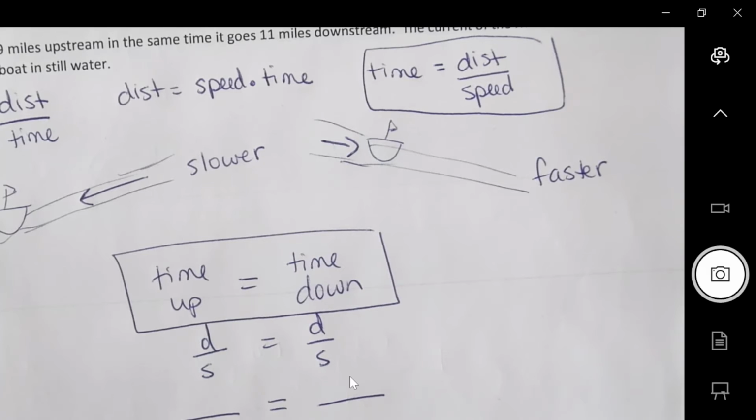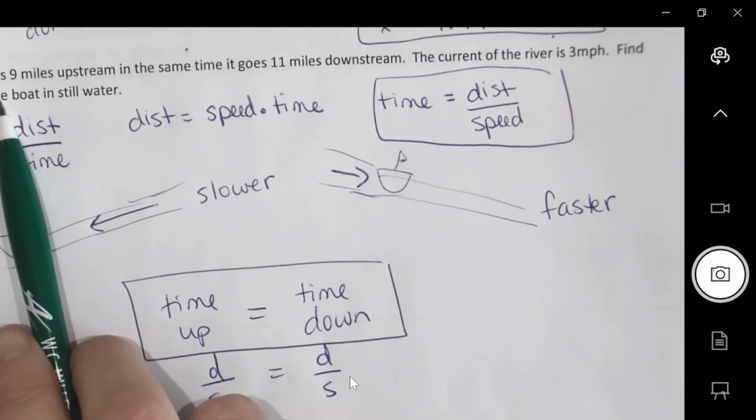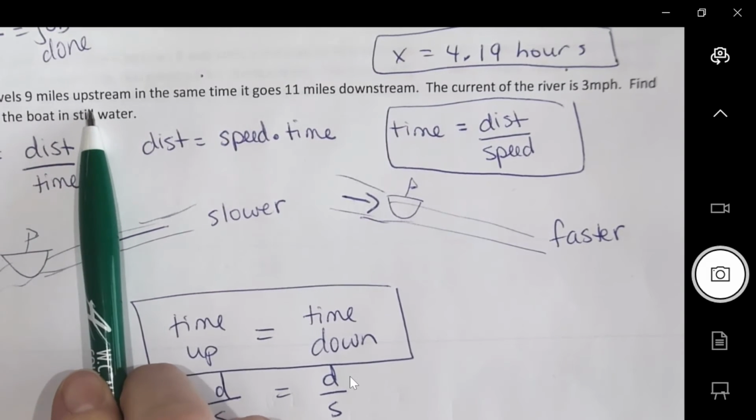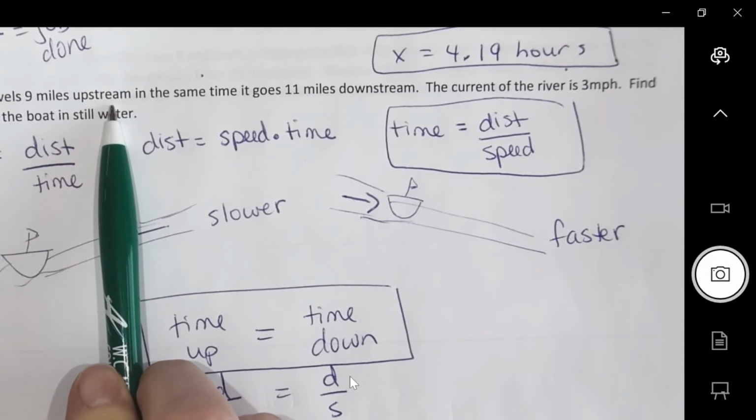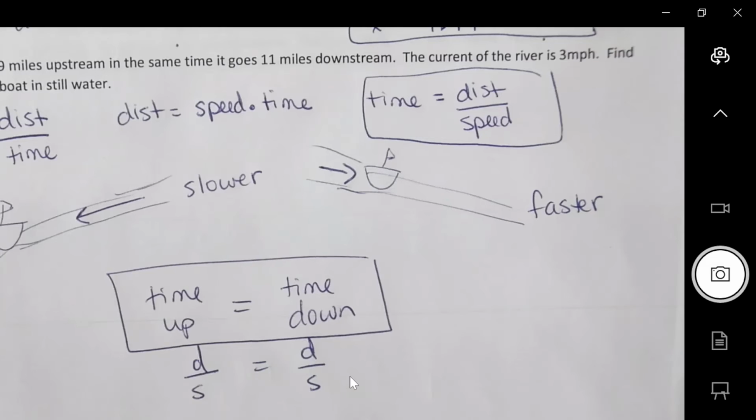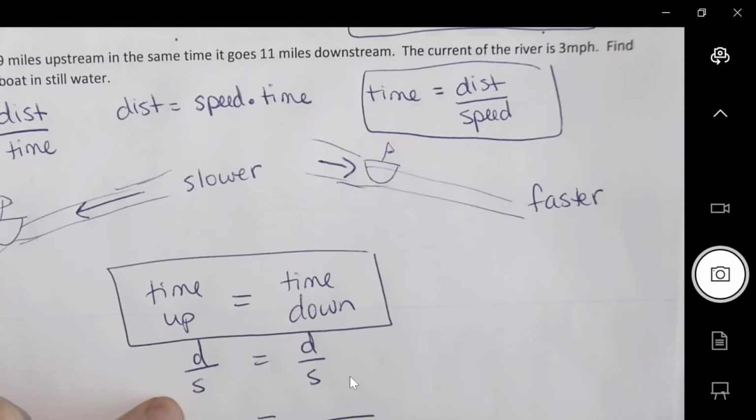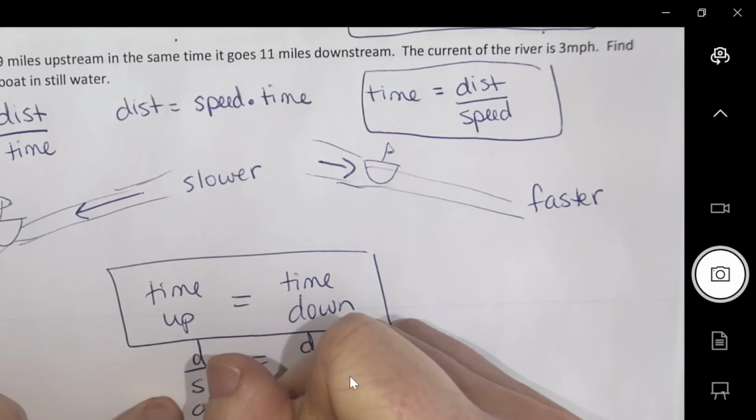All right, so we're going to now fill in what we know. A boat travels 9 miles upstream. Fill the 9 in somewhere. 9 miles upstream. We got to be on the upstream distance.